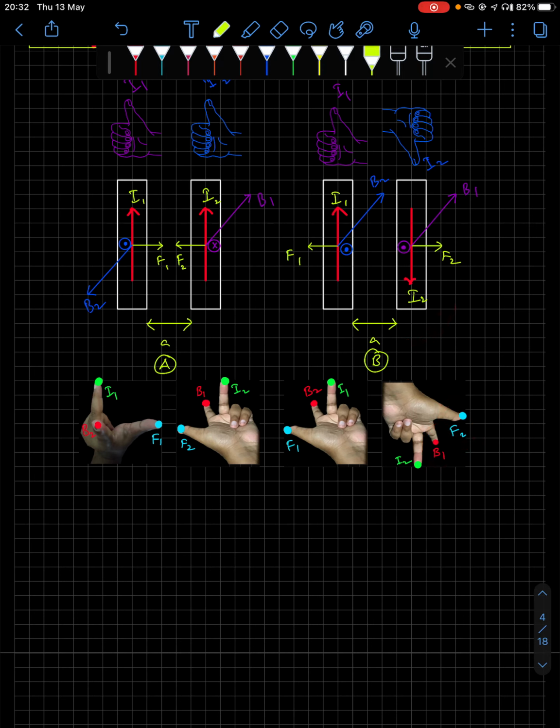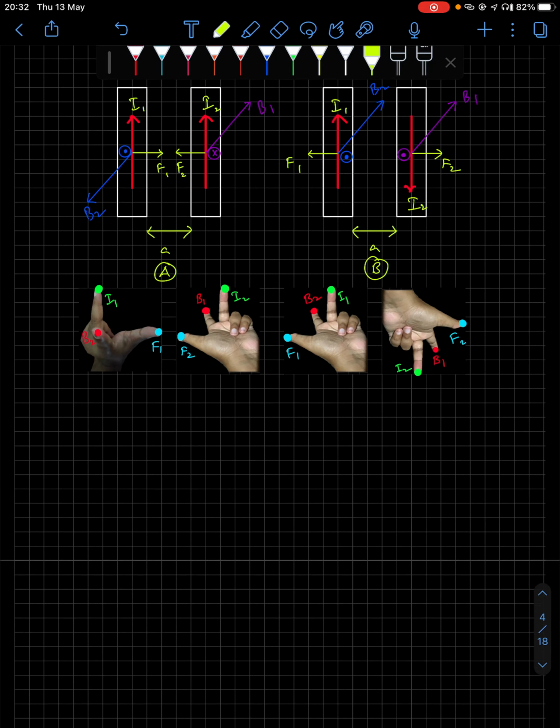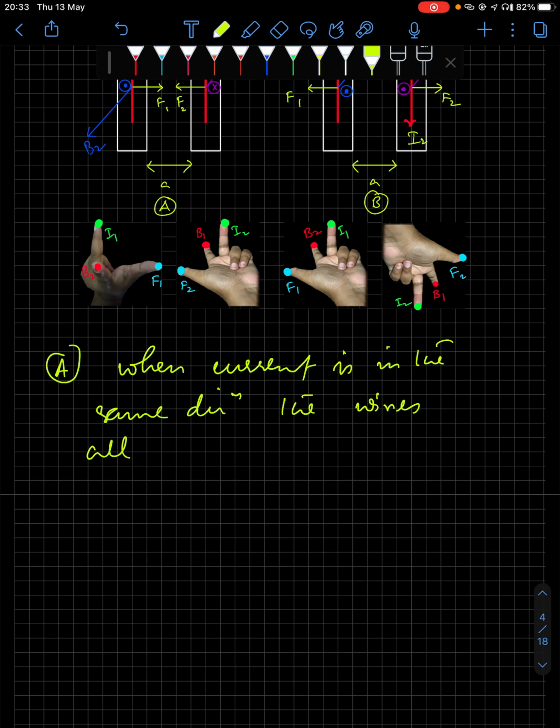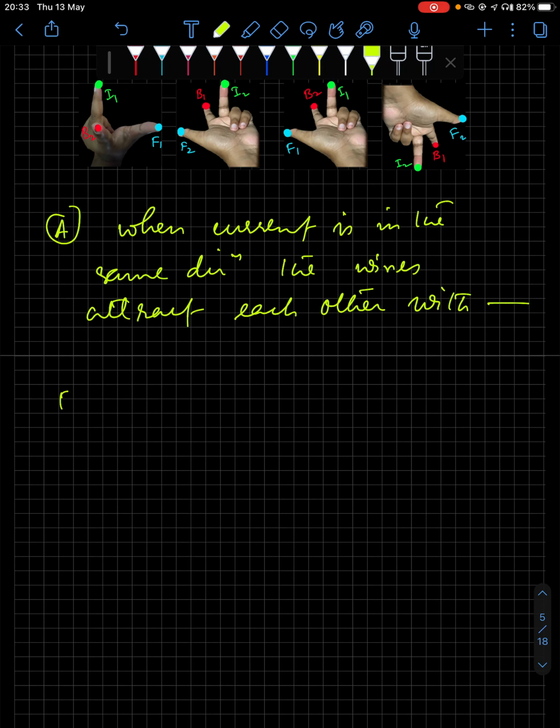So now let's get into the relation. Two parallel wires carrying current, in the first diagram, that is represented by A, in the same direction: when current is in the same direction, the wires attract each other with force. We'll write that generally.